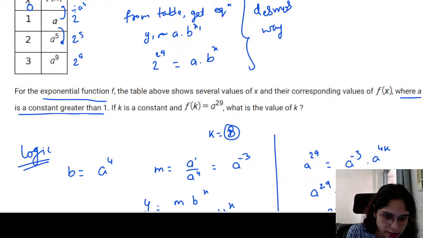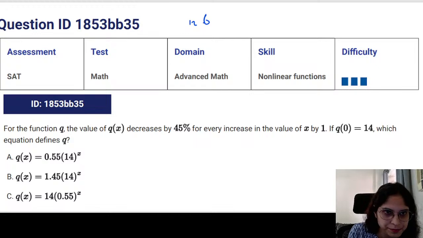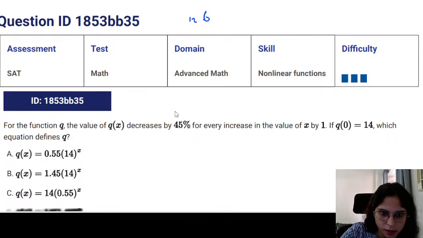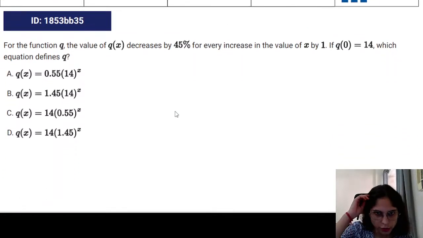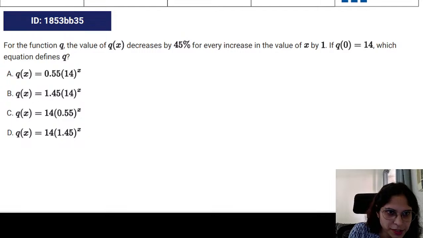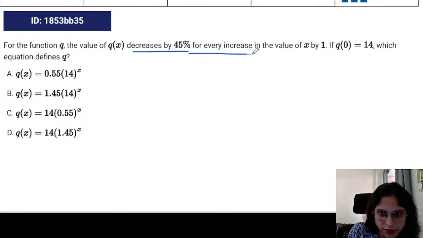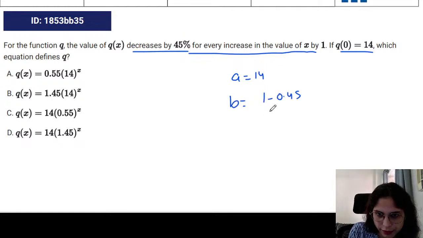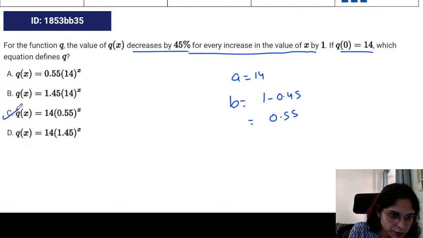2 more questions, question number 126, that is page number 127. Function q decreases by 45% for every increase in the value of x by 1. q0 is 14, that means value of a is 14, b is going to be 1 minus 0.45, that's 0.55, so 14 times 0.55 to the power x, this is our answer.